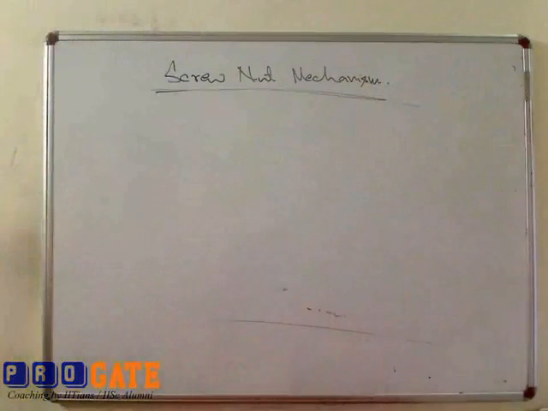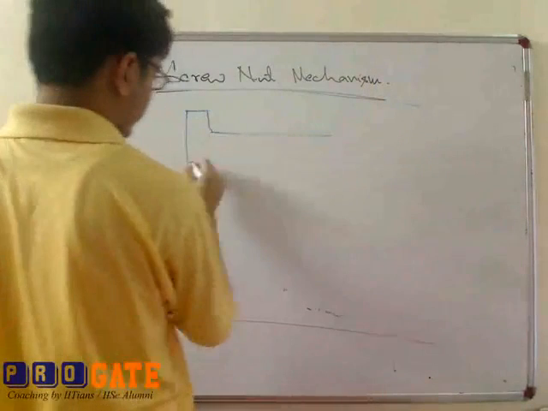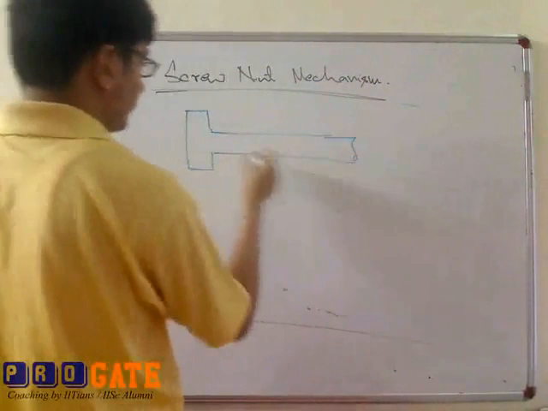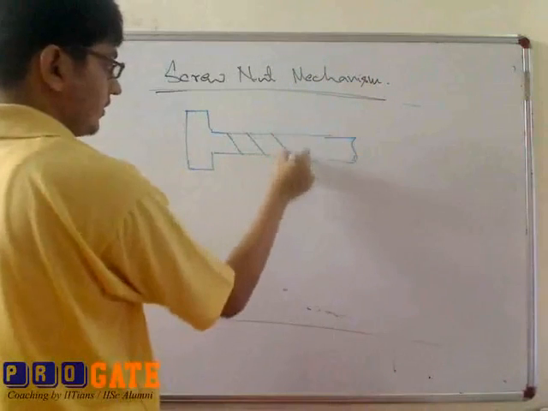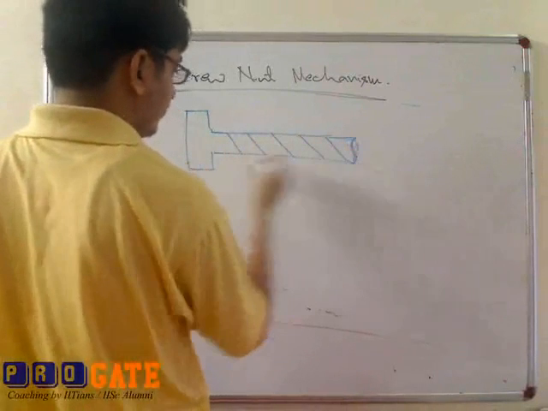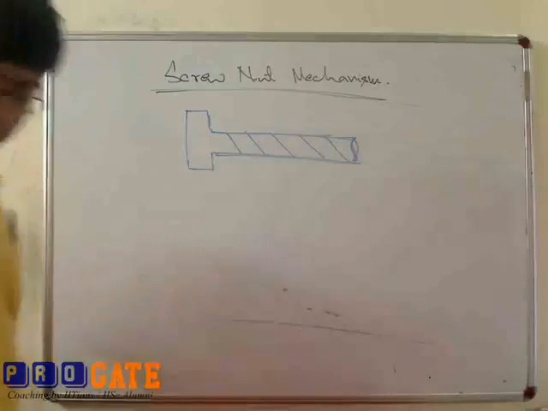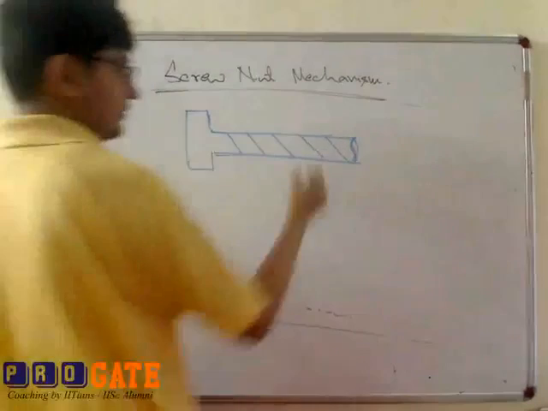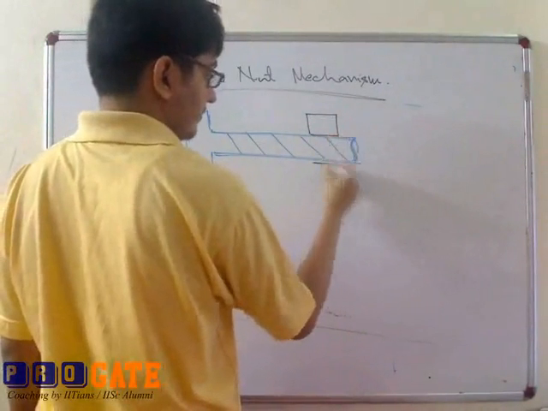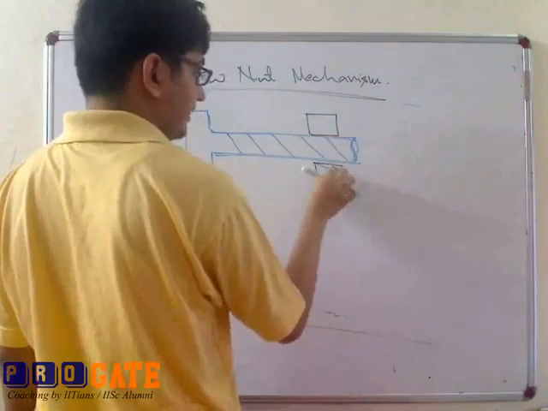So what is this screw nut mechanism? It has one screw. In this screw, a helical thread is there, and this is the nut. In this nut there are also some internal threads.